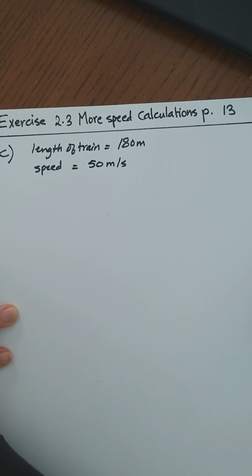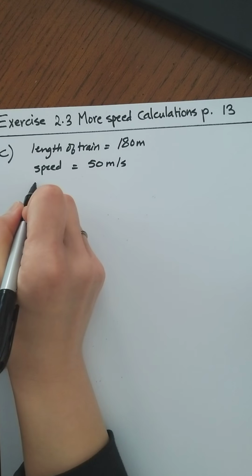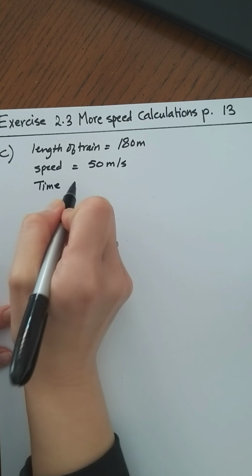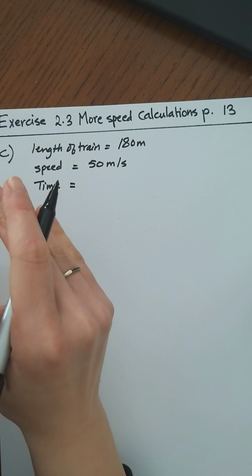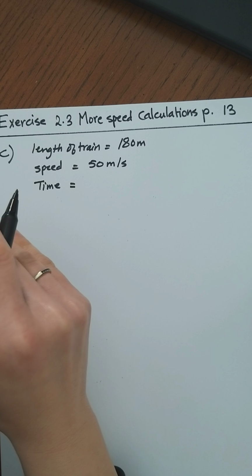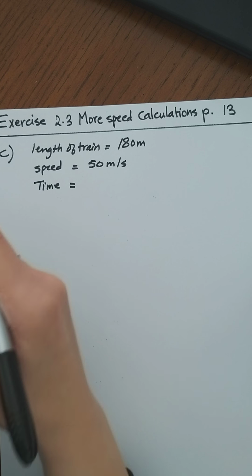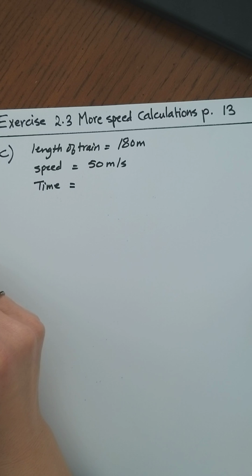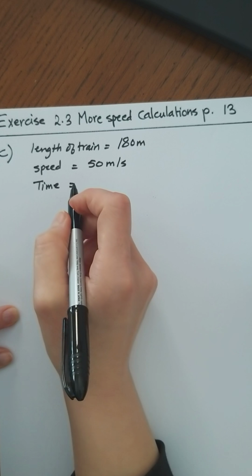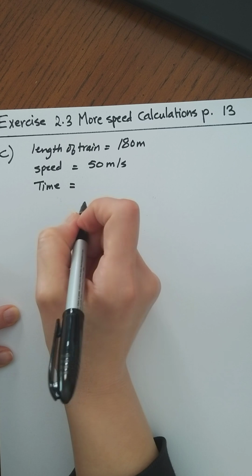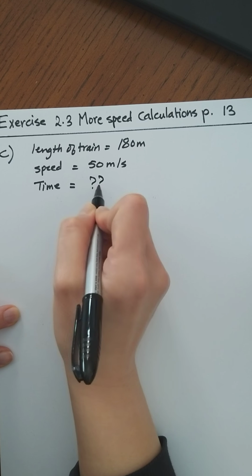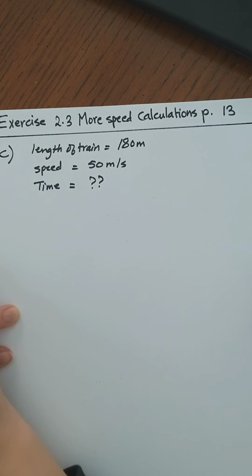How long will it take to pass a person standing at a level crossing? We need to know the time that the train needs to pass by a person standing at a crossroad. A level crossing is the intersection where the railway crosses a road. So a person is waiting for the train to pass before he or she can walk. So time needed for this train to pass this person.